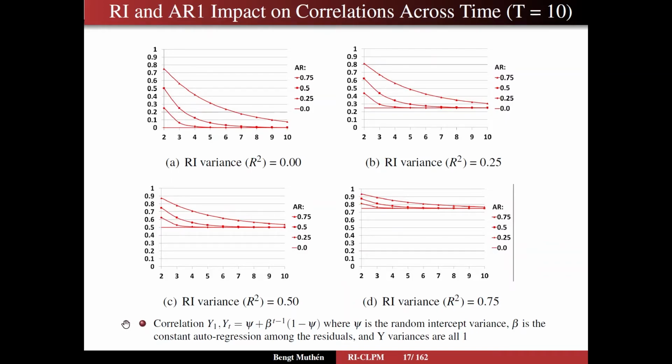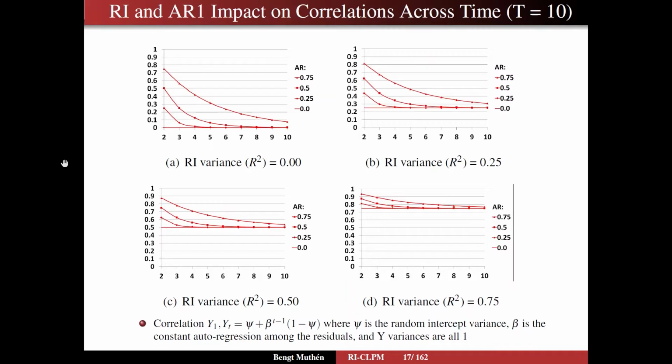This formula is a simplification of formulas that come from the AR1 literature, but they turn out to be the same when you restrict the variance for the random intercept to give certain R square values. So we're going to have this picture in mind when we look at real data and plot the correlations across time.